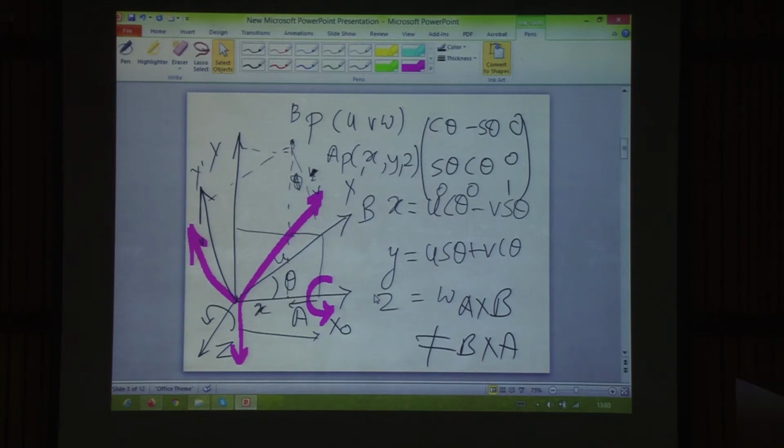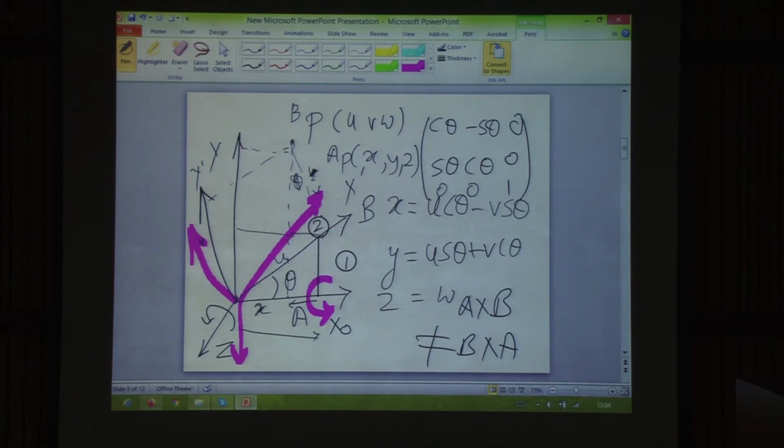So this was my first rotation, then this was my second rotation, right. Now if I want to align this with this, I must first undo this one, then I must undo that one.